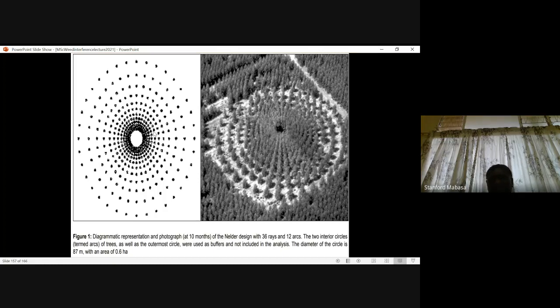So we expect more competition towards the center, and this competition is reduced as we move out. So when we are collecting our measurements, regression analysis may have to be used. So this is how the plots look. This is the picture of the plots.